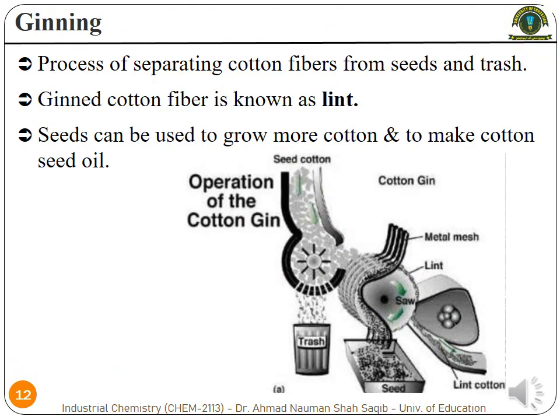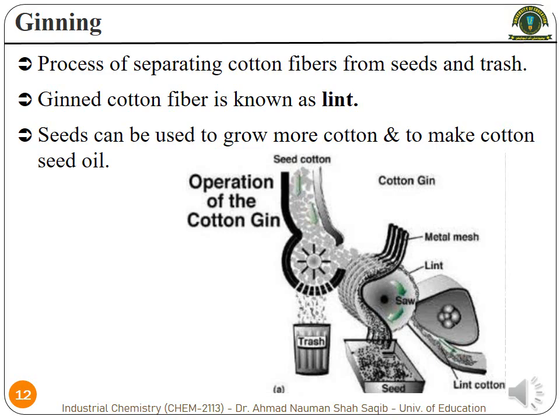So cotton ginning is a process of separating the cotton fibers from the seeds and the trash, and the ginned cotton after the removal of all the waste material is known as lint. And after the lint is separated out, the seeds are also separated, and those seeds can be used to grow more cotton and also to make cottonseed oil.